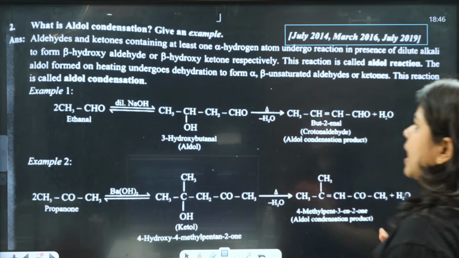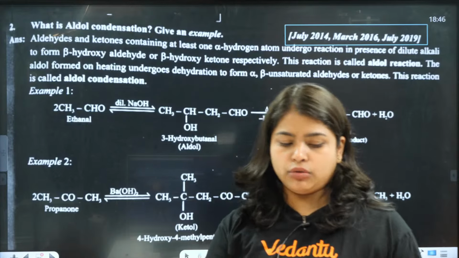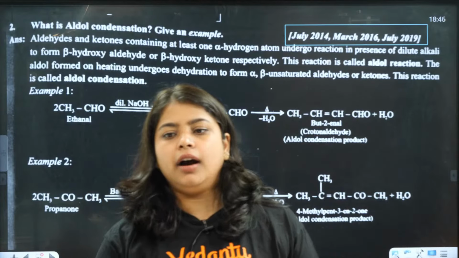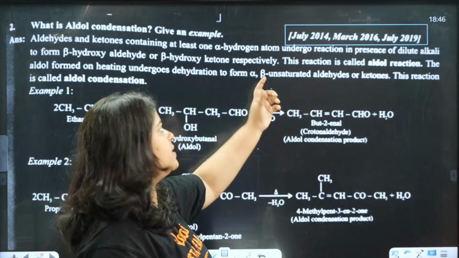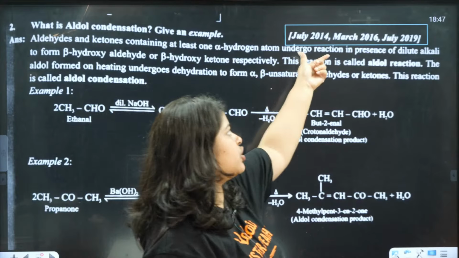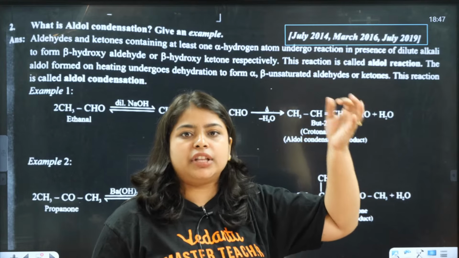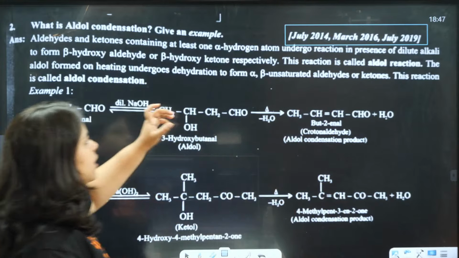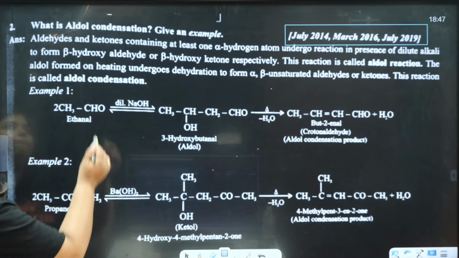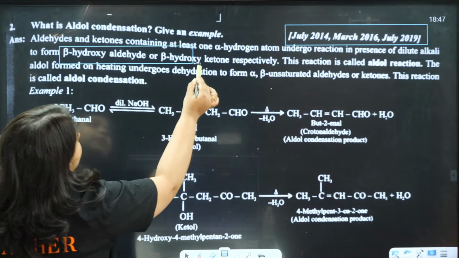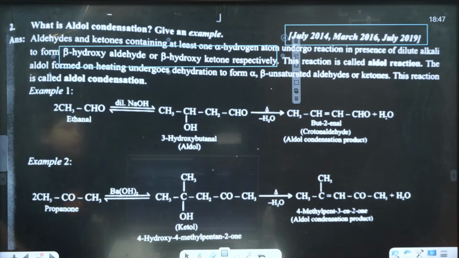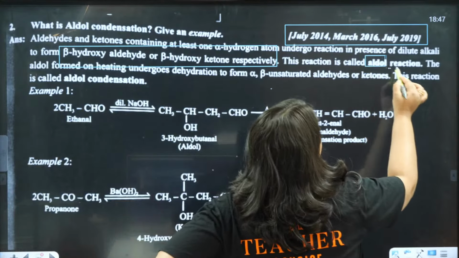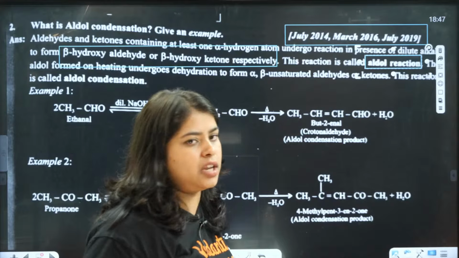By taking aldehydes and ketones, at least one alpha hydrogen atom needs to be present. When they undergo reaction in the presence of dilute alkali, they form a beta hydroxy aldehyde or beta hydroxy ketone respectively. This reaction gives us the aldol reaction product.